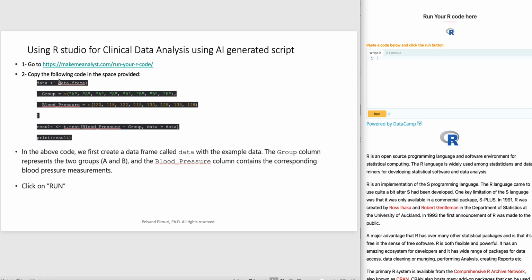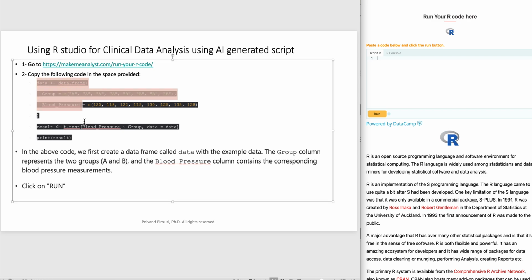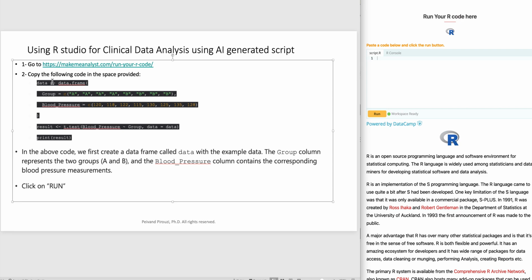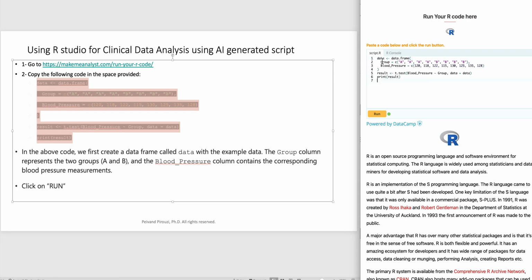You're now going to copy and paste this code, which is already copied, but I just do it from here, and then you are going to add it into RStudio in the script section. So you're going to just paste this. Let me just do that, because sometimes it's not evident to copy and paste from one application to another.